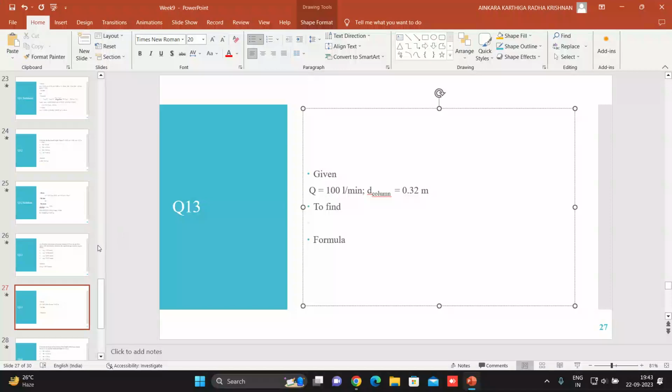We need to find the superficial gas velocity, which is nothing but u. How are we going to find it? This is a very straightforward problem which we have been using from the start of the course. So by now we are all very familiar with this.